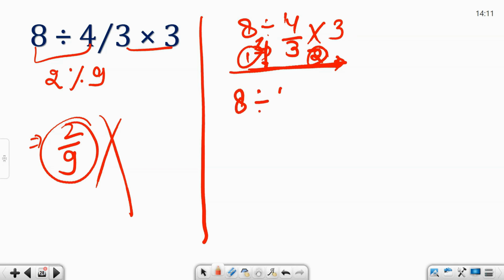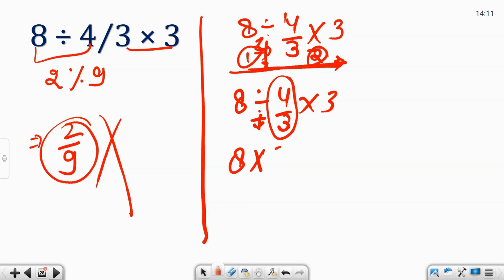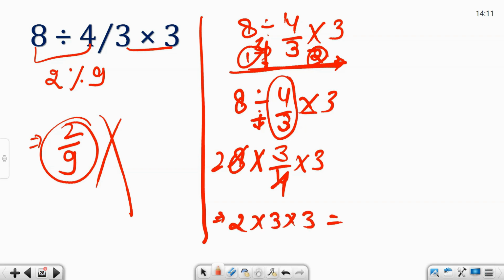Now, when it comes to division, and here this is 4 by 3, which is in the form of P by Q, we'll convert it into multiplication and reverse it. So 4 by 3 becomes 3 by 4, and this stays the same, into 3. Now, if we cancel out, 4 cancels with 8, leaving 2, so it's 2 into 3, which is 18. This is the right answer.